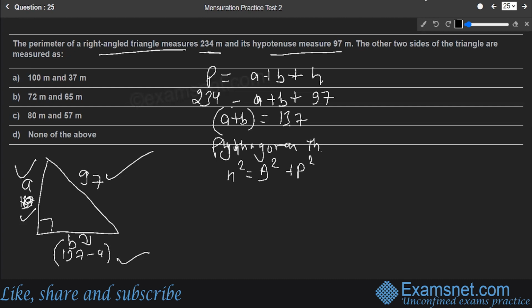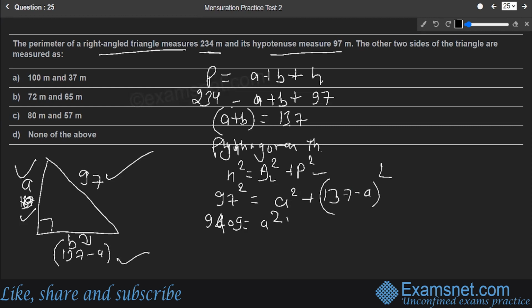Hypotenuse is going to be 97 as it is given. So this is going to be A square plus the other side, 137 minus A, whole square. So this will give us an expression by solving which we can get to the right answer. So let us try to solve this expression. 97 square is nothing but 9409, which is equal to A square plus 137 square is 18796.